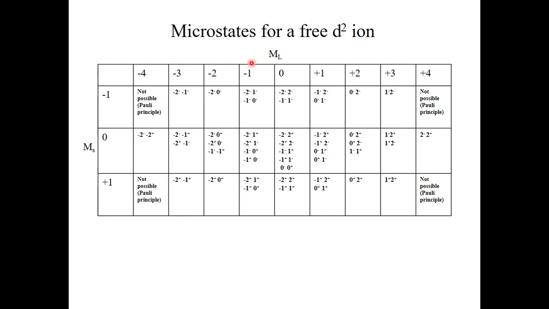You see that in this microstate table, the x-axis is defined by capital ML for the electron configuration, and this axis is defined by the possible MS values. Now when you have 2 electrons, you can have 3 possible values for MS: -1, 0, and +1.